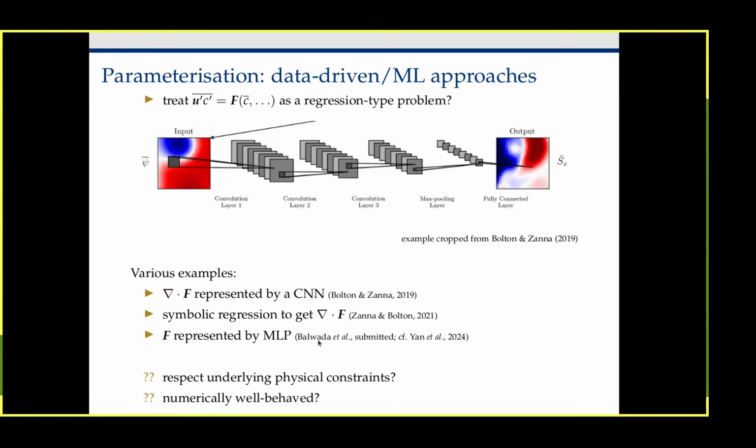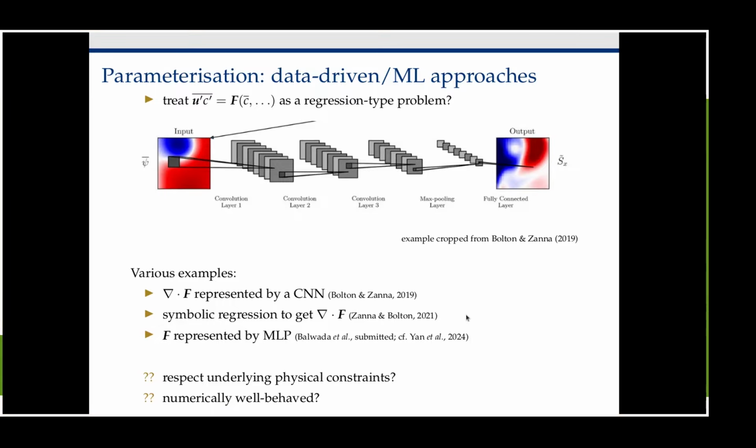There's some recent work by Druth, which looks at representing the flux instead by a multi-layer perceptron. And this is in line with some of the work led by my PhD student, where we argue that you should do machine learning on the flux and not on the divergence of the flux, for some theoretical reasons.